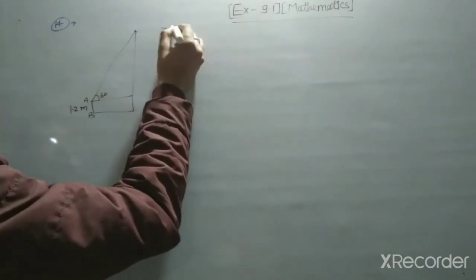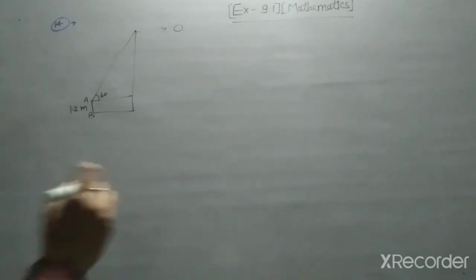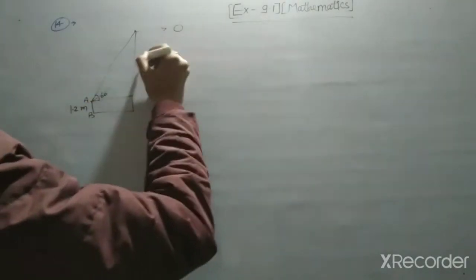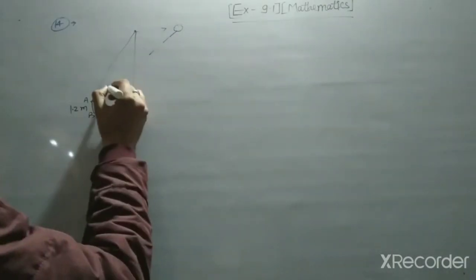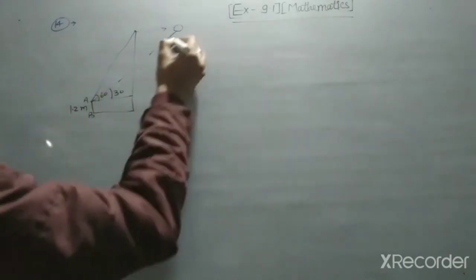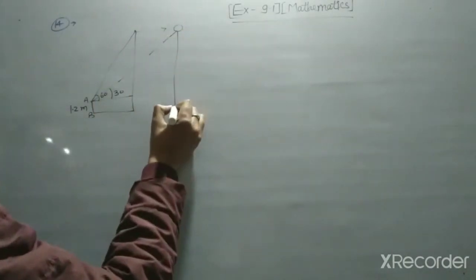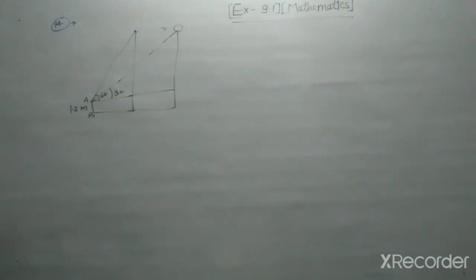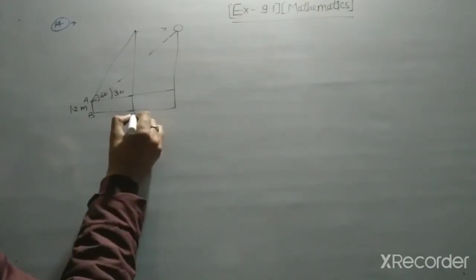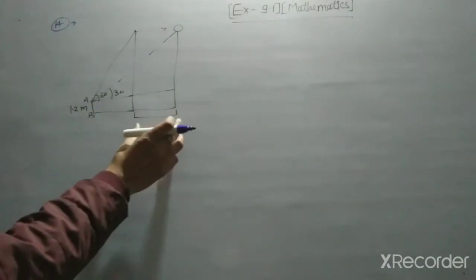Then the balloon stands there, and at that time the angle of elevation of the top of the balloon is 30. Okay, so this is the condition, and you find the height of the balloon. You have to find the distance traveled by the balloon during the interval. So you have to find this distance, the distance traveled by the balloon.